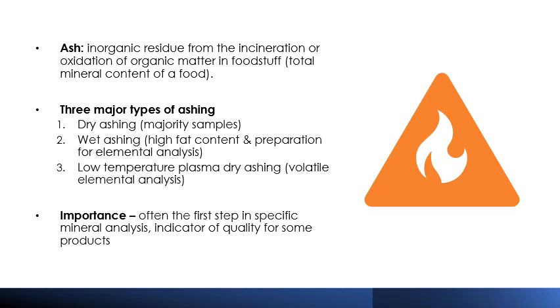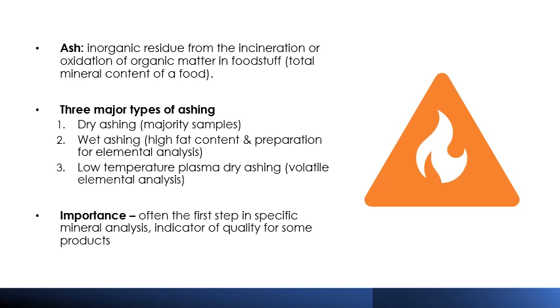There are three different major types of ashing. You can go for dry ashing. This is the standard method used, and this is also the official method for ash analysis, so it's suitable for the majority of samples.